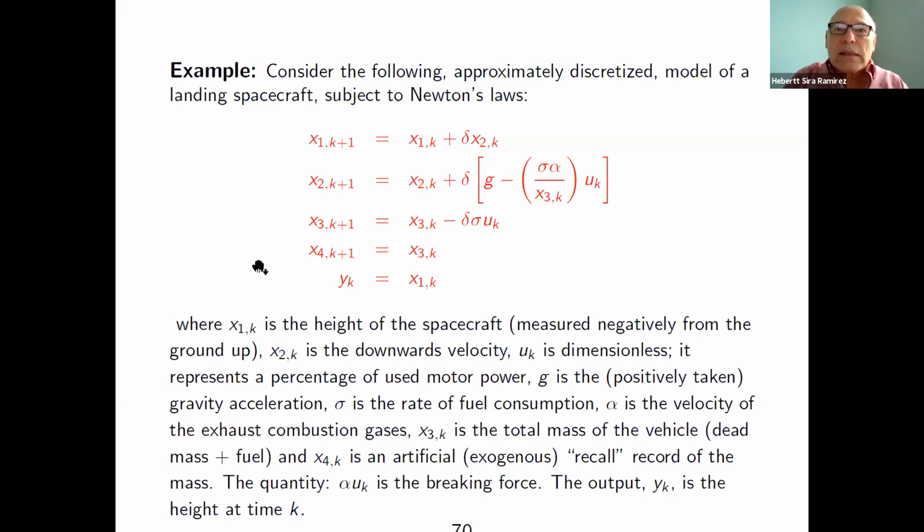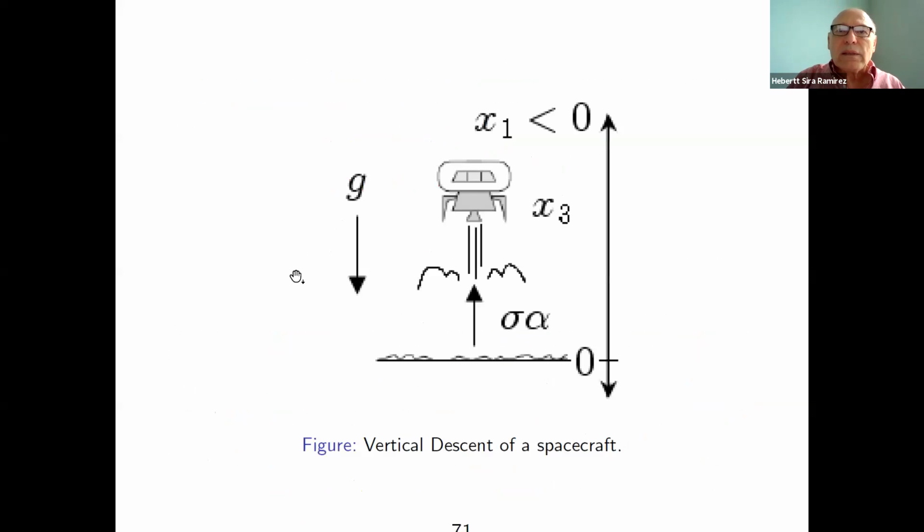Let me give you another example of a landing spacecraft. What we have in mind is something like this. It's a very simple physical example in which Newton's second law is applied, but with a varying mass. You have a landing spacecraft which is exercising some force due to the expulsion of gases at very high velocity.